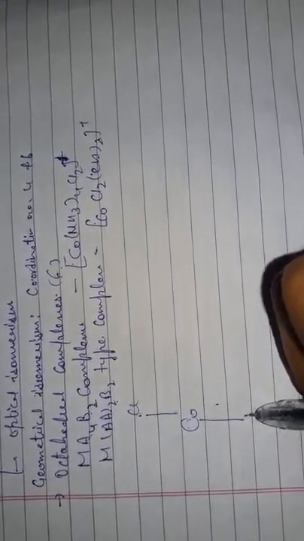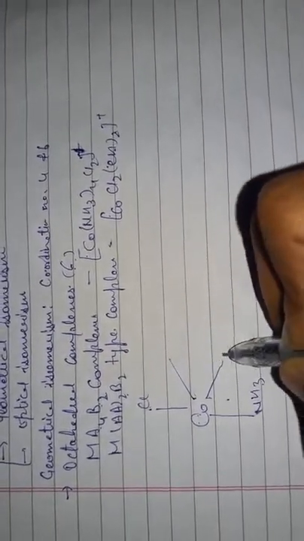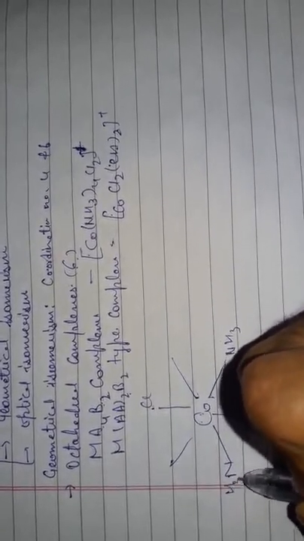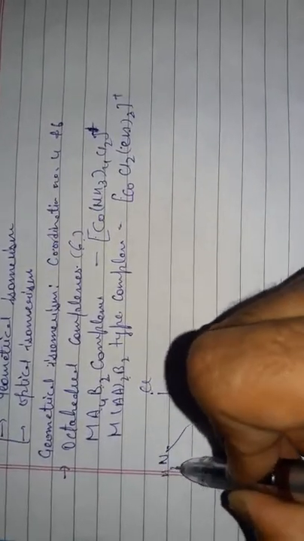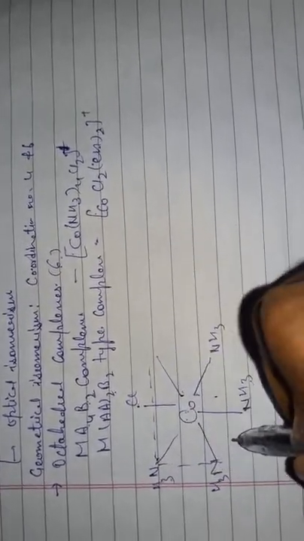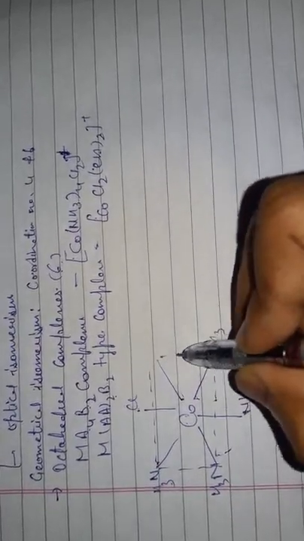You can see here, first is cobalt, then chlorine attached at the axial position, and then NH3, similarly NH3, similarly NH3 here, and NH3, to make an octahedral structure, and Cl.